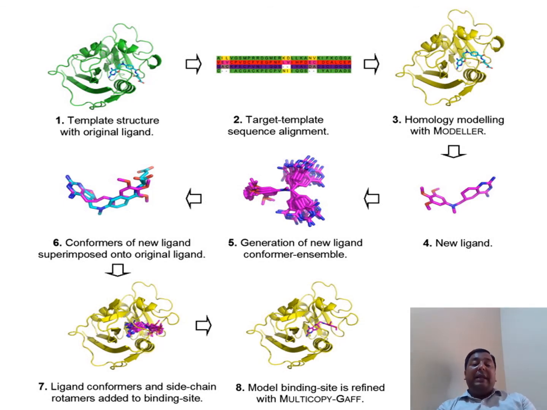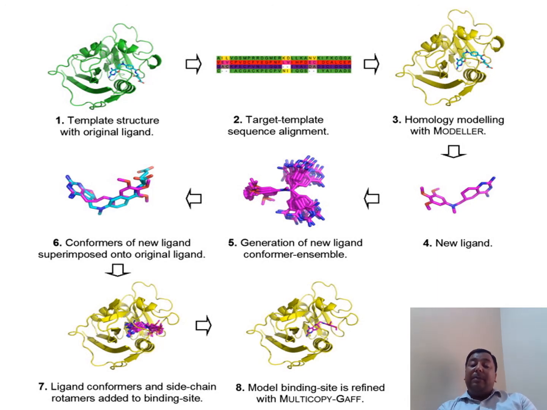So once we analyze all these things, ligand conformers and the side chain rotamers added to the binding site, then we will analyze the model binding sites by using different refinement algorithms, right?